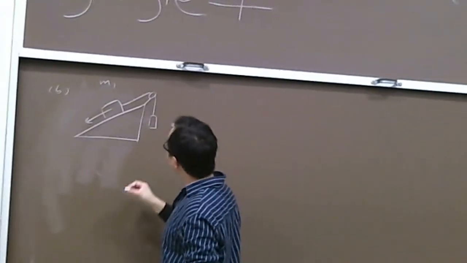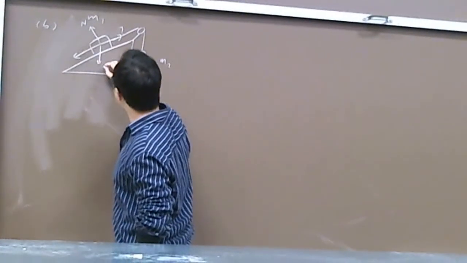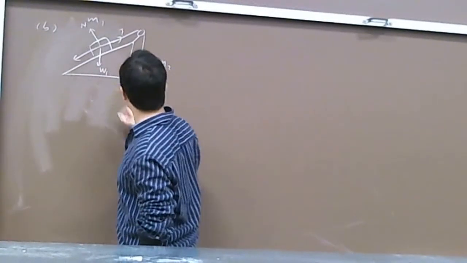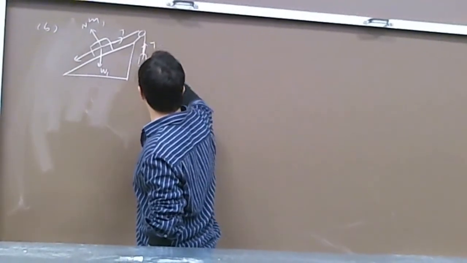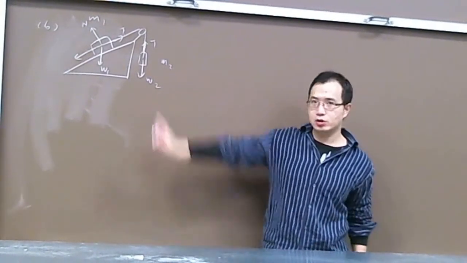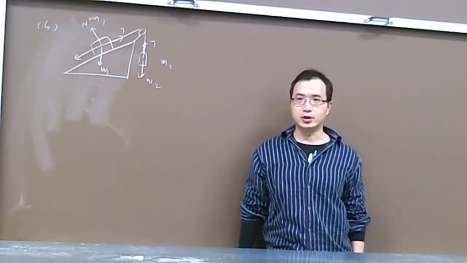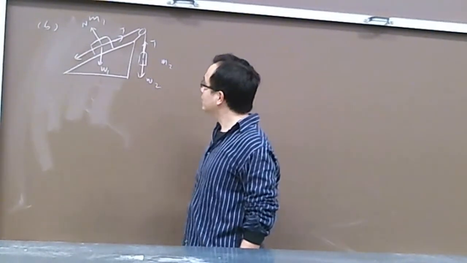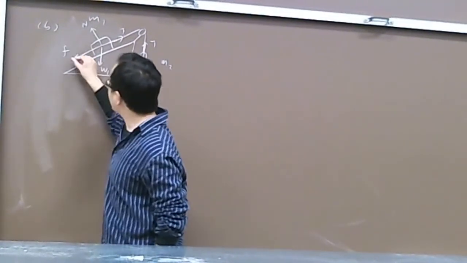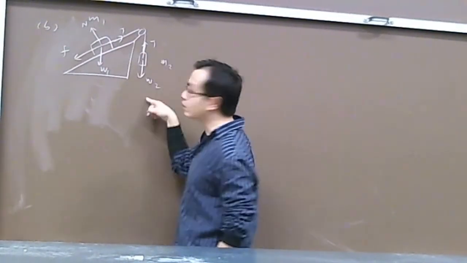This is the frictional force, this is the normal force N, this is tension T, this is W1. Here you have tension T and W2. That's the force analysis. First, do you have any question about the existence of these forces? Frictional force, tension, normal force, weight, tension, weight.